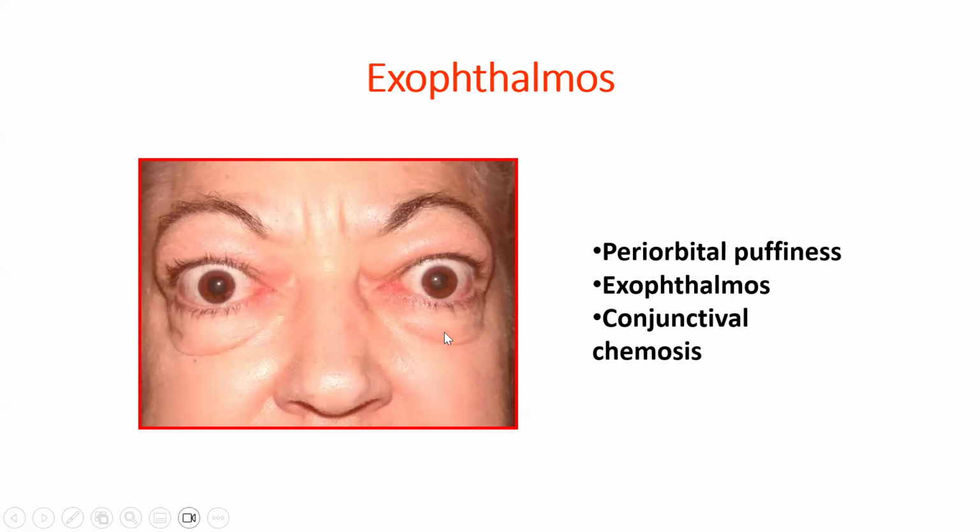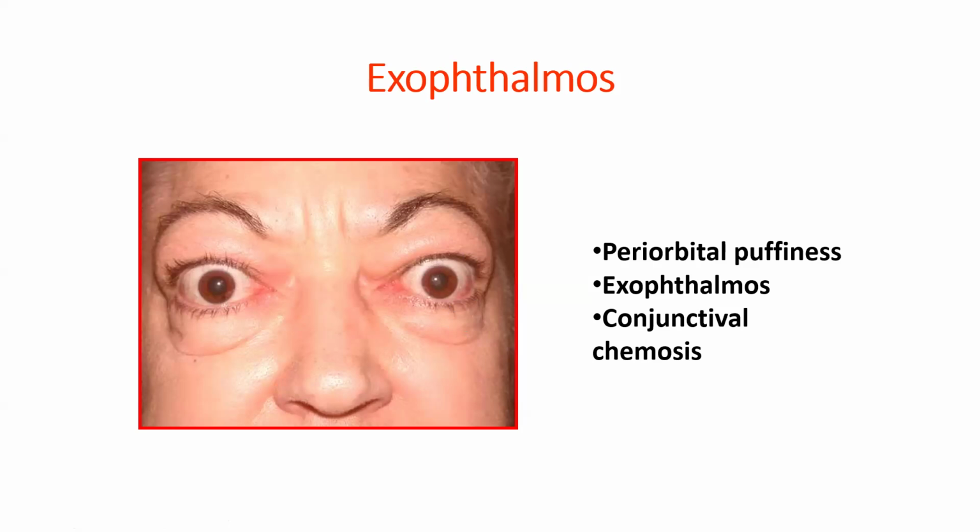In addition, she has conjunctival chemosis, the red area here of the conjunctiva. Chemosis, not ecchymosis. Chemosis means conjunctival swelling. Normally, in all of us, the conjunctiva appears like a very thin membrane covering the sclera with no spaces in between.